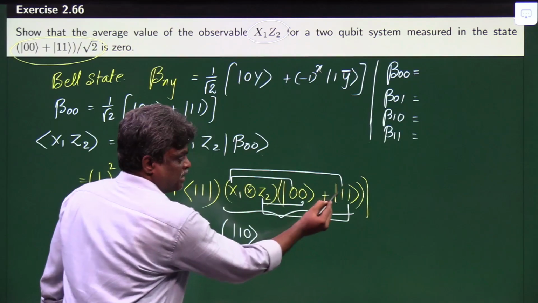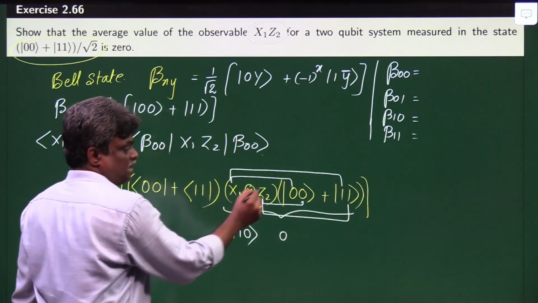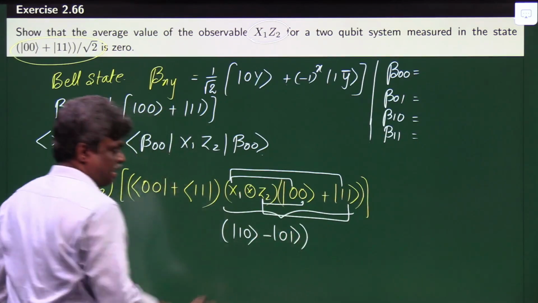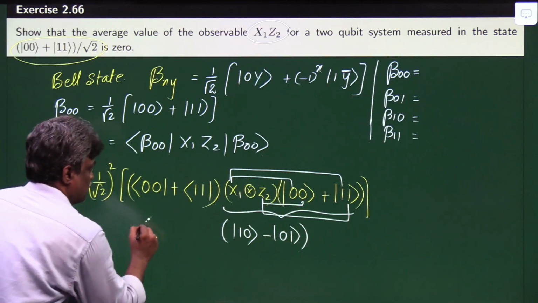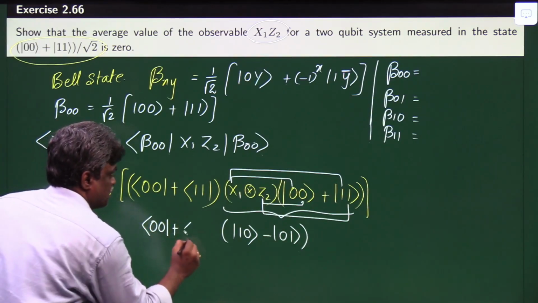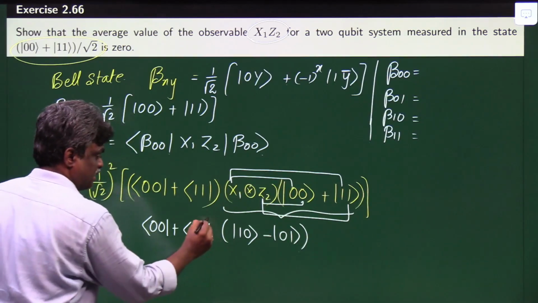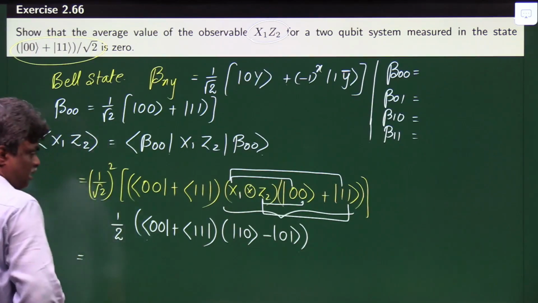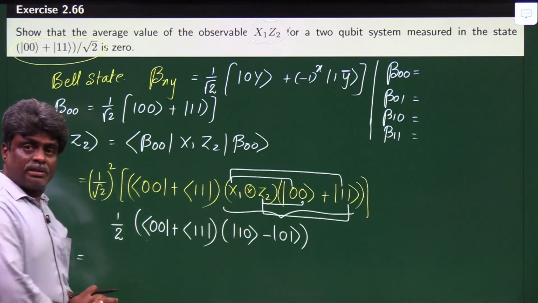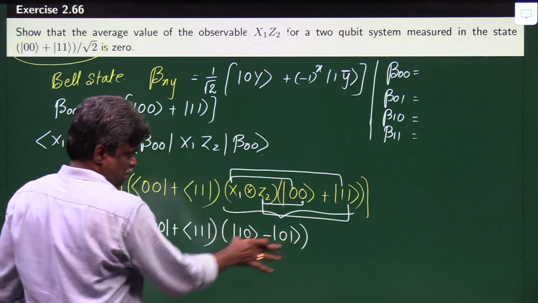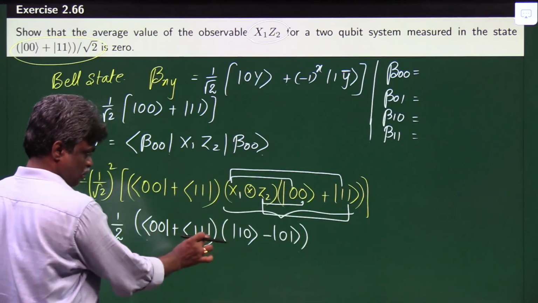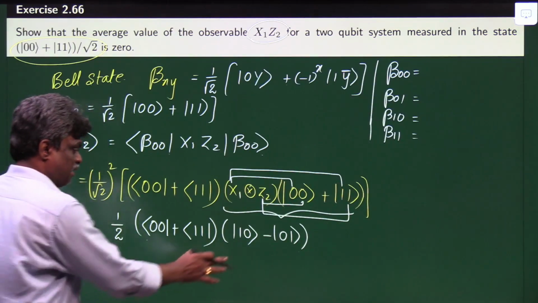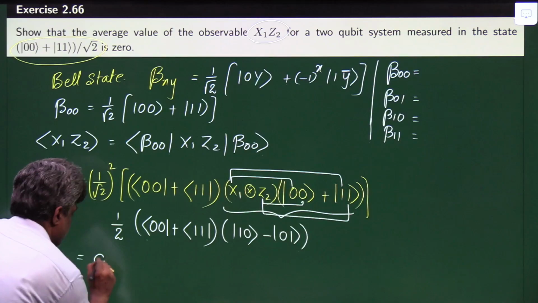Next, x operates on 1, you will get 0, but z operates on 1, you will get minus 1. That's it. So here we have the bra vector 0 0 plus 1 1, which is the given Bell state, and this is 1 over 2. If you see this inner product, there is no common state here, because 0 0, 1 1 and 1 0, 0 1 are all independent. So if you make this inner product, what you will get? 0.